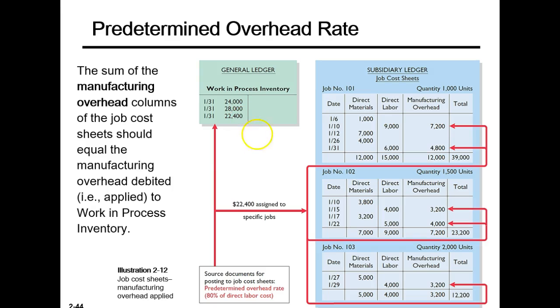So you can see that the sum of the manufacturing overhead columns of the job cost sheets should equal the manufacturing overhead we applied to WIP. So you see here, we've got the $12,000 here, manufacturing overhead, the $7,200 here, the $3,200 here, that's $22,400 going into WIP. We're debiting WIP for that piece. We're crediting our manufacturing overhead for those pieces.